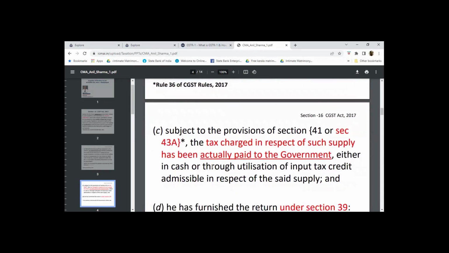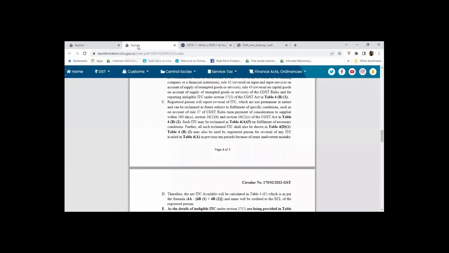the tax charged in respect of such supply has to be actually paid to the government, either in cash or utilization of ITC admissible in respect of such supply. So these conditions have to be satisfied.